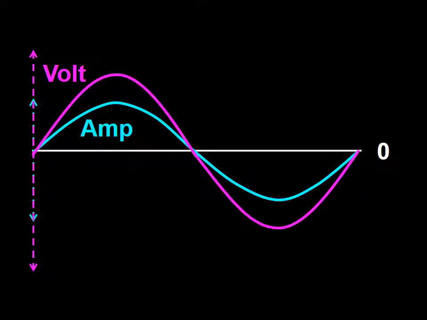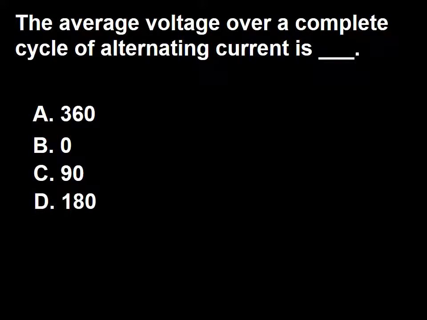Voltage behaves exactly like current. So the average voltage as expressed by this curve is 0. So the answer to this question once again is B, 0.